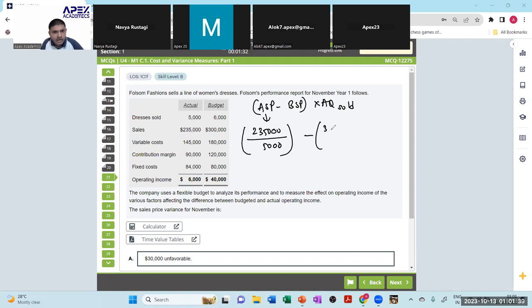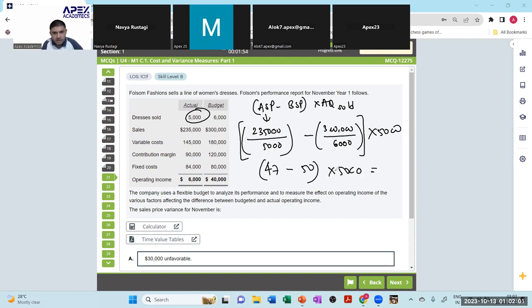Budgeted sales price कितना आएगा? 3 lakh divided by 6,000 multiplied by actual quantity sold, which is 5,000. तो ये कितना है? 2,35,000 divided by 5,000. इस 47 पर यूनिट इज एक्चुअल, और ये 50 है मल्टीप्लाइड बाय 5,000.